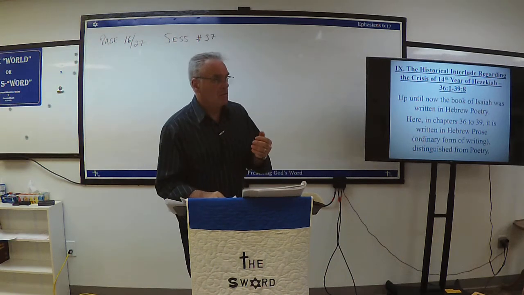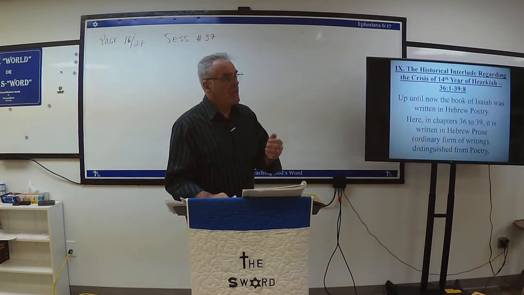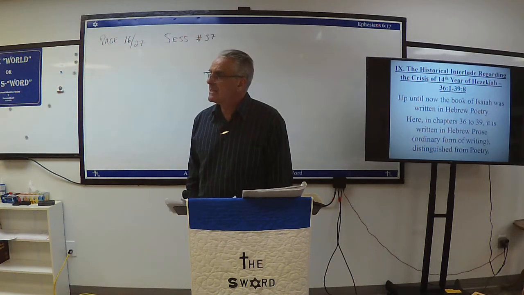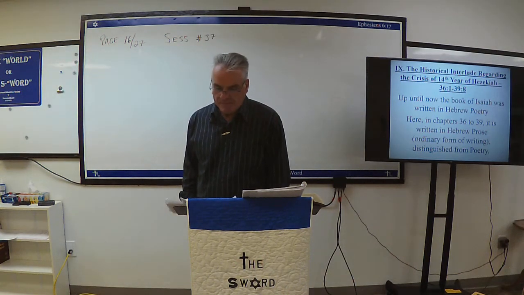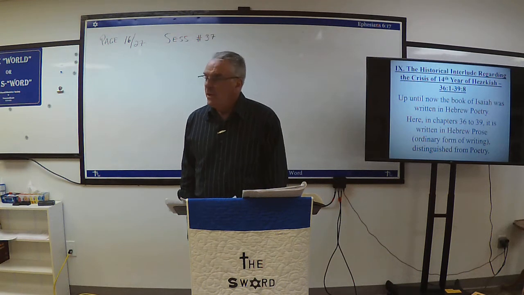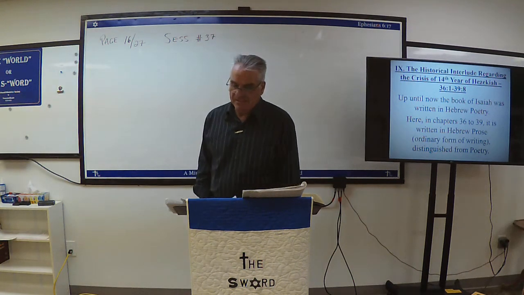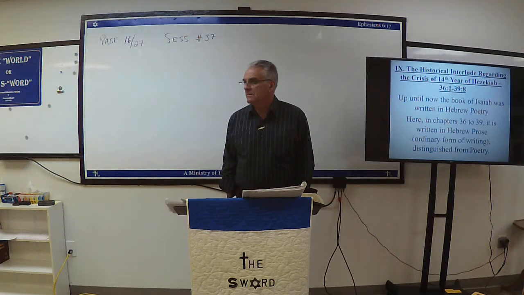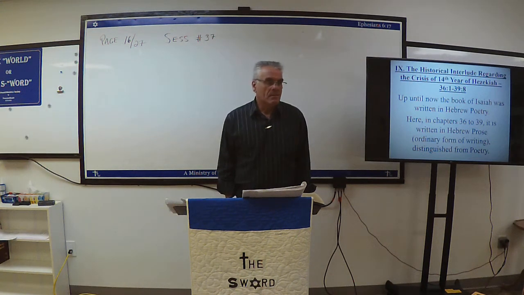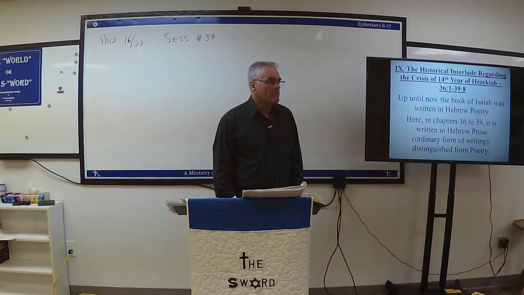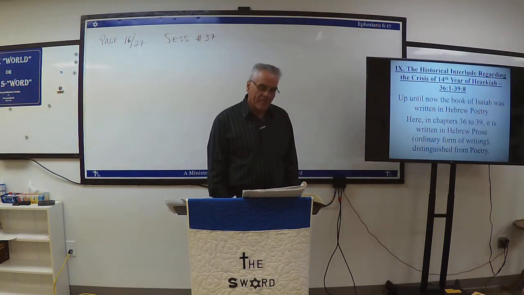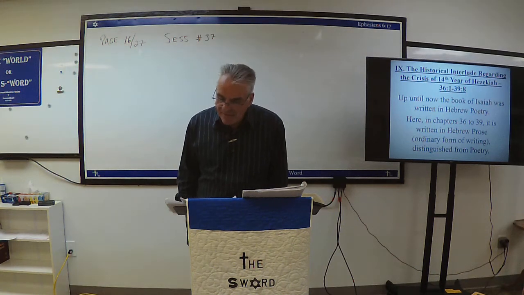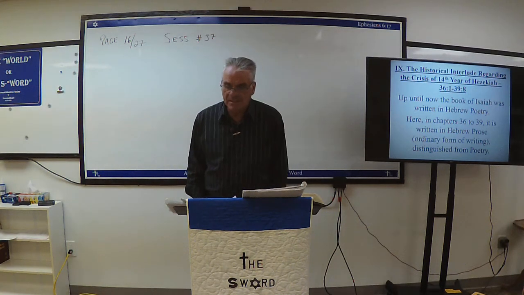Now here, in division 9, Roman numeral 9, chapters 36 to 39, we have the events of the crisis itself. Part 8 was the prophecies concerning this, and now we have the events of the crisis itself.